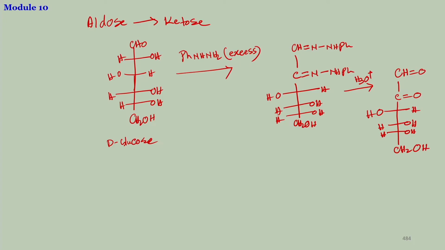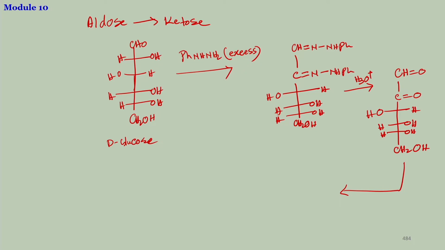Now, our aim is to get only the keto. So, you have to do a selective reduction of the aldehyde. Obviously, you know how to do a selective reduction of aldehyde without touching the keto part.